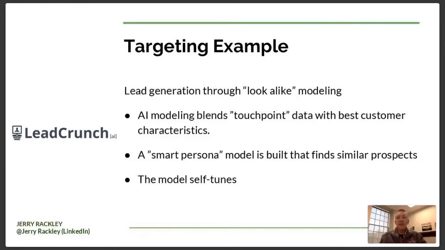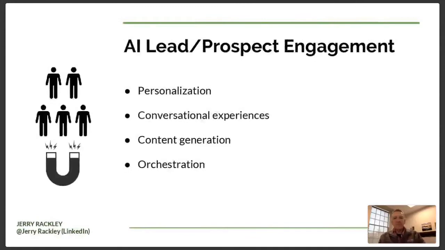Now let's take a look at engagement. There are a number of things AI can do to help marketers and sales teams better engage leads and prospects, starting with personalization, or I would say even hyper-personalization of content. Whether it's email, web, or other digital content, the NLP capabilities of AI are advanced enough to create experiences that are truly conversational.